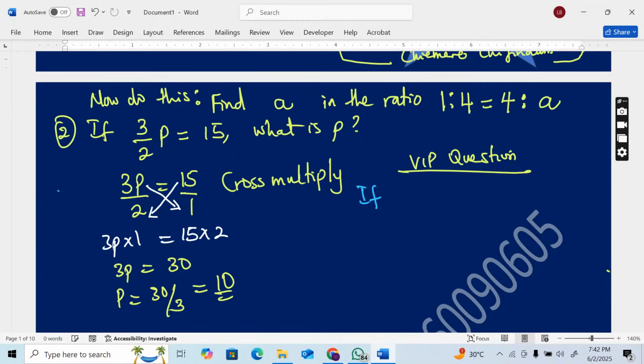Now, if 5 over 2x is equal to 120, find x. Find the value of x, everybody.